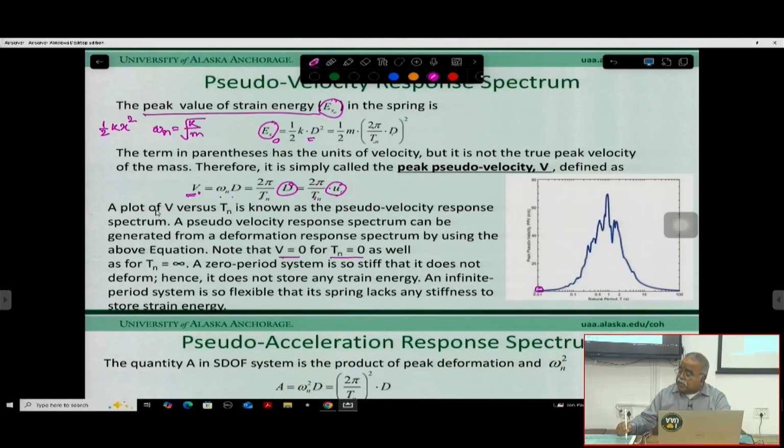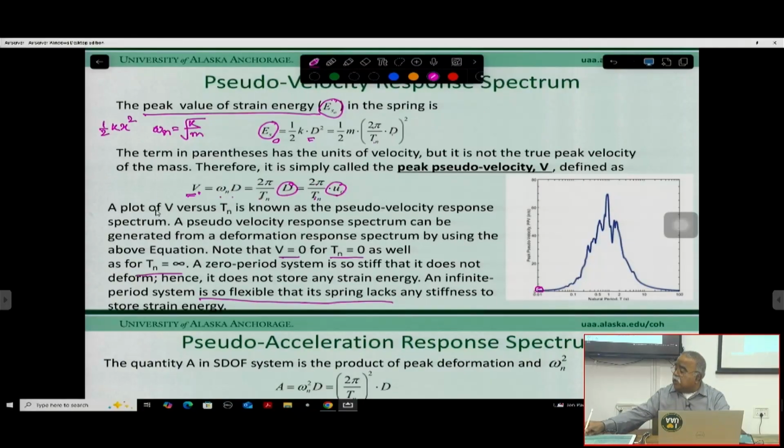But at the Tn equals to infinity, since it's at the 0 period, the system is so stiff that it does not deform. So hence it does not store any energy, and therefore that infinite system is so flexible that its spring lacks any stiffness to store the strain energy too.